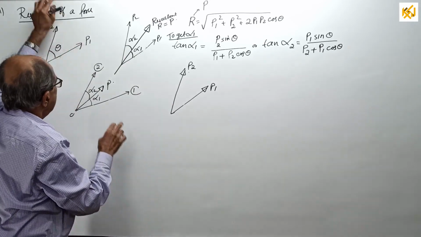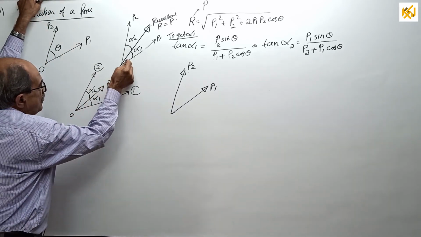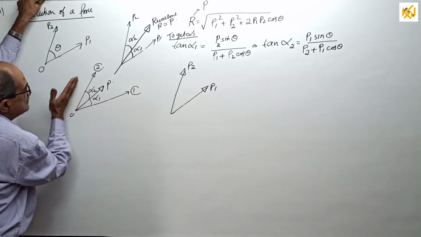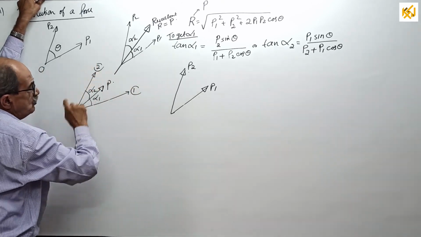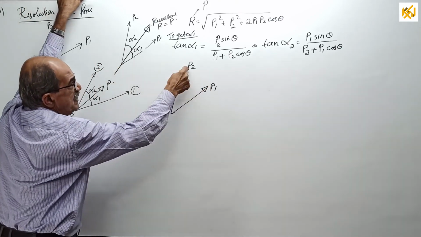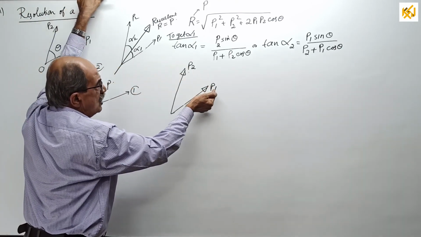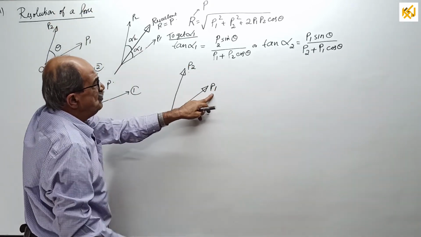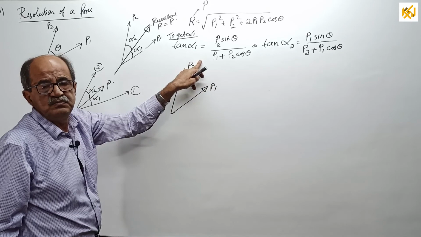Same way, if you know a force P and you want to resolve it along two directions, say O1 and O2, let the components be P1 and P2. For P1 and P2, P should be the resultant. Now there is an expression for P1 and P2, I will tell the expression.